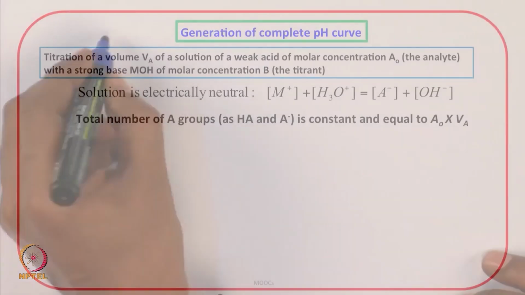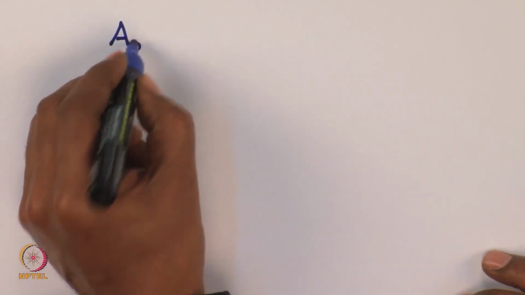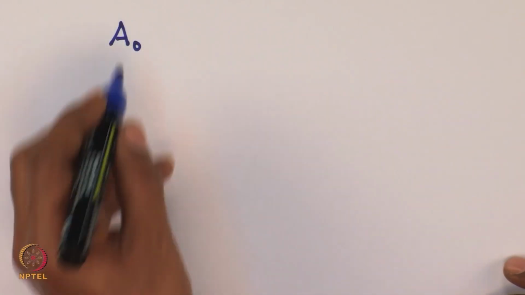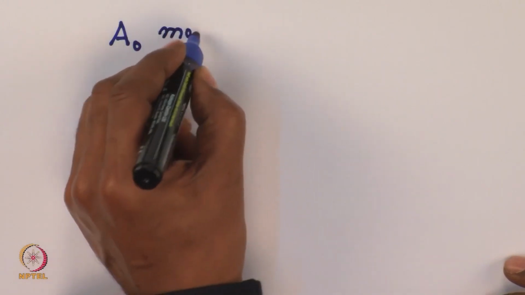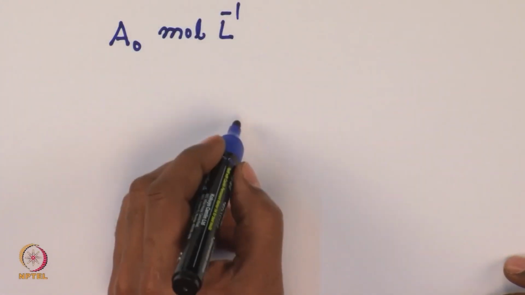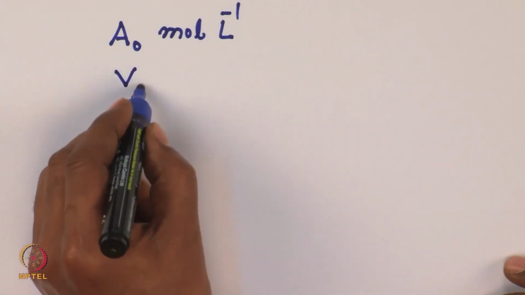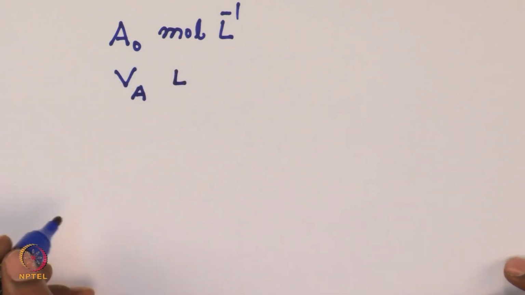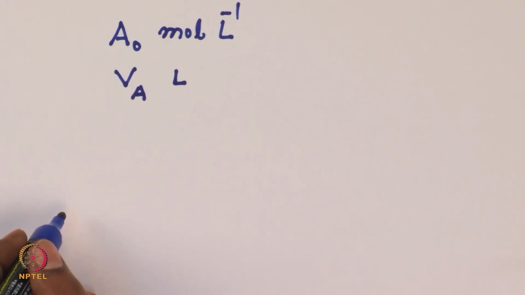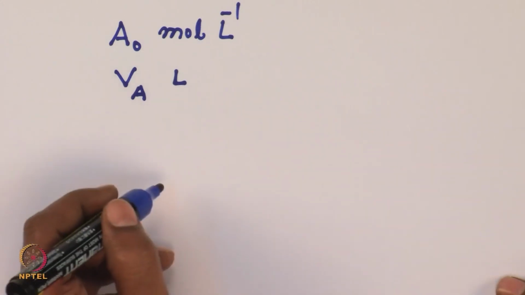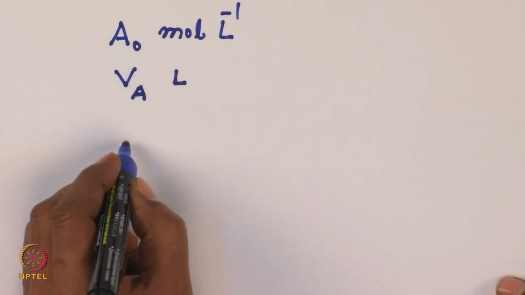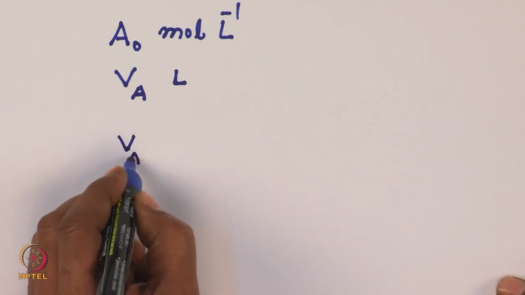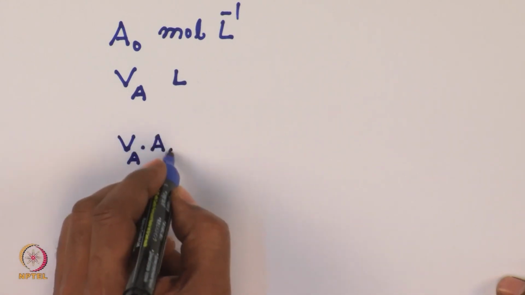The initial concentration was A naught of the acid, and let us say I write this as mole per liter, and we add Va, I can express centimeter cube or liter, whatever volume. So, therefore, the total number of A groups is going to be, you multiply Va into A0, these many moles.